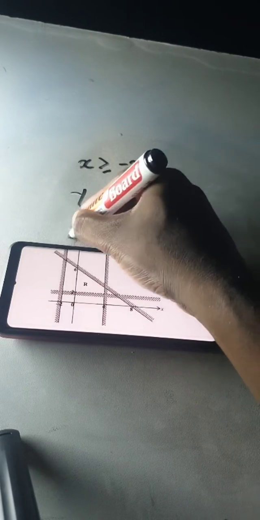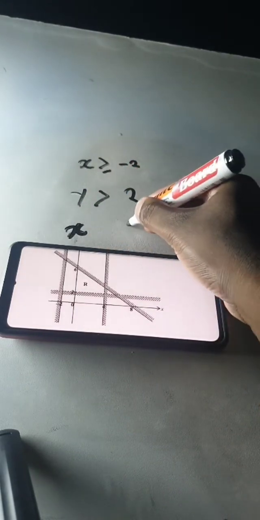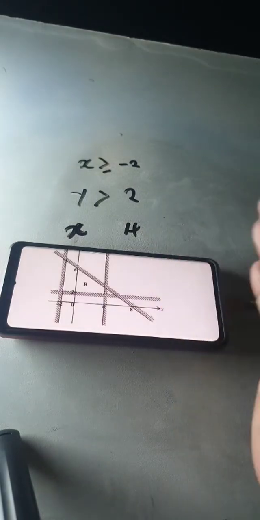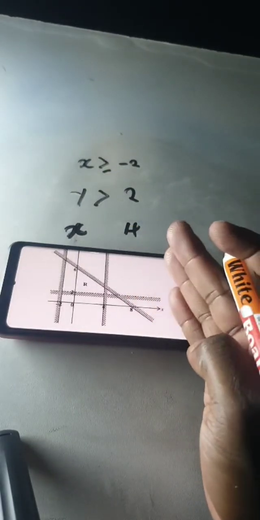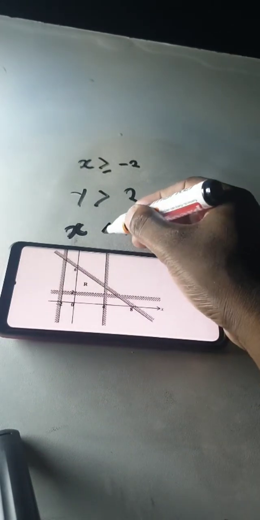So we say x is at 4. And how did they shade? They shaded the greater part of x. Remember I said right is greater. So we need the less part. So our x will be less or equal to 4.